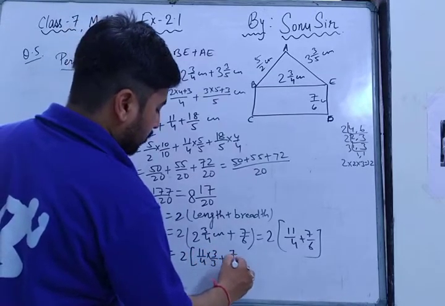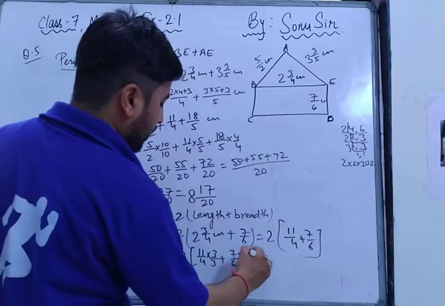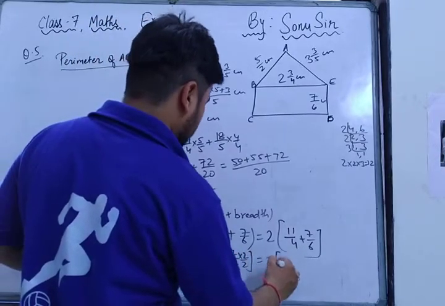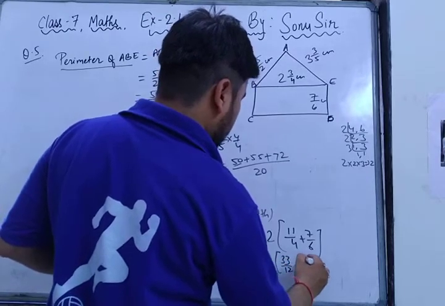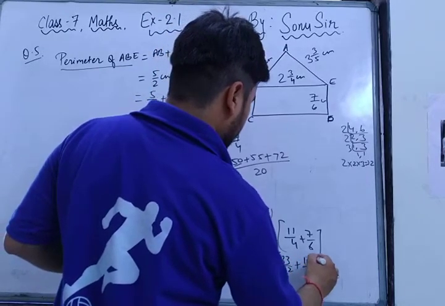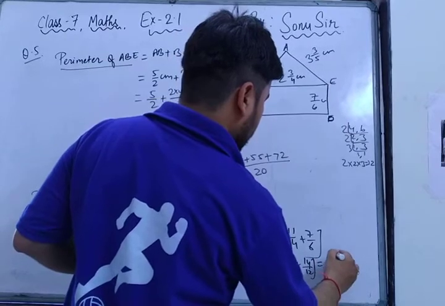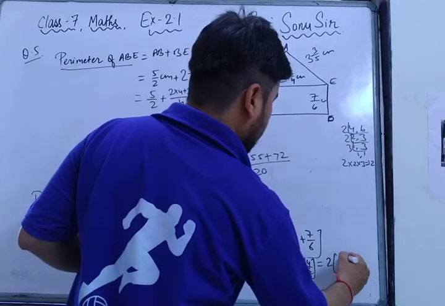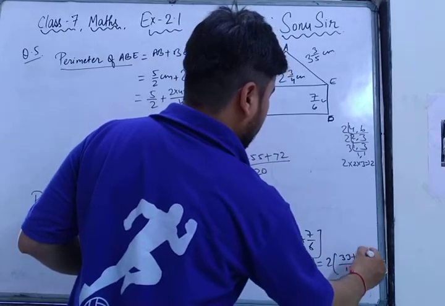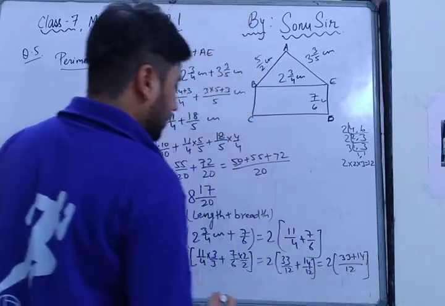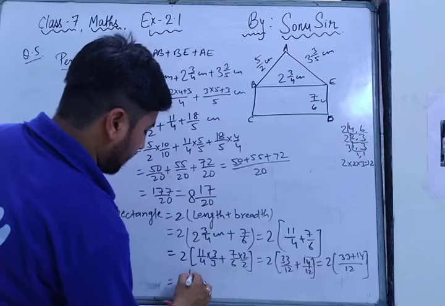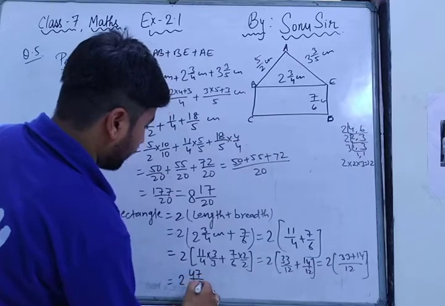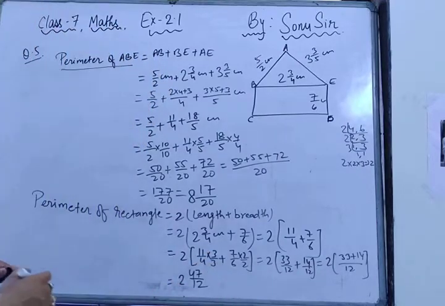And 6 twos are 12, so up and down multiply by 2. So 11 threes are 33 by 12 plus 7 twos are 14 by 12. So over the LCM 12, 33 plus 14. What will be the value? 33 plus 14 is 47. 2 into 47 by 12.